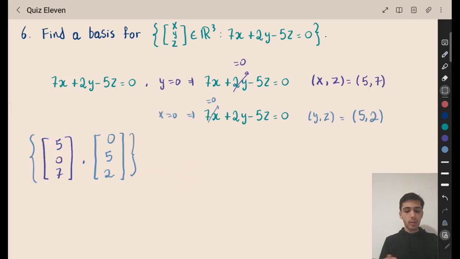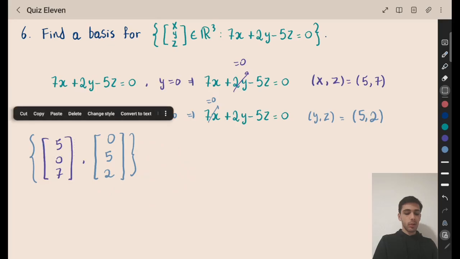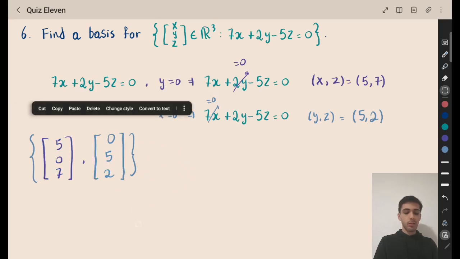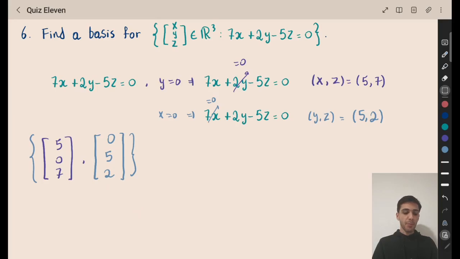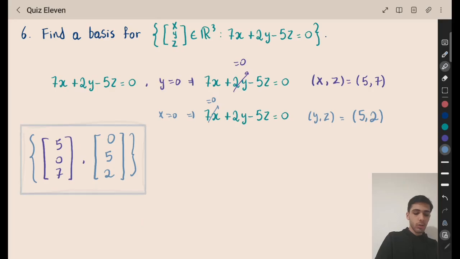Naively, you could say that you can't really multiply this vector by a constant in order to get the other vector. So they look linearly independent. And let me tell you this, they are linearly independent. If you would like to end the video here, then you can 100% feel free to do so. But I would like to take this one step further.